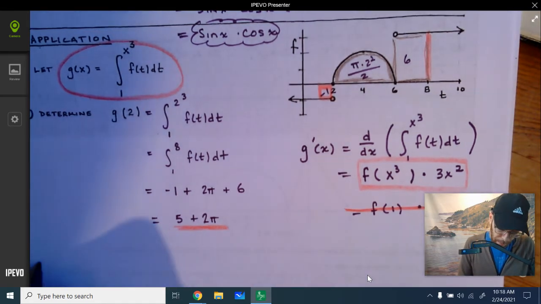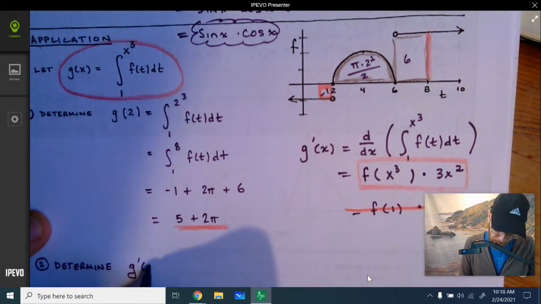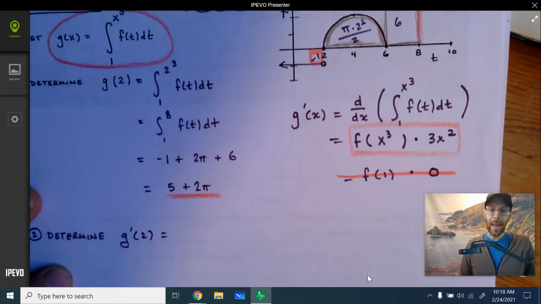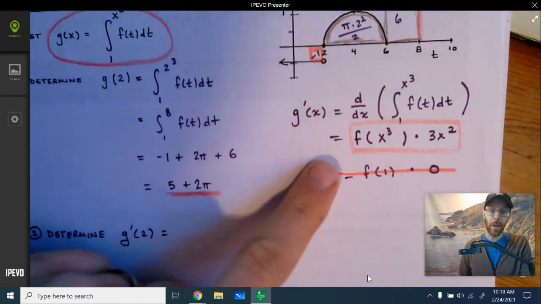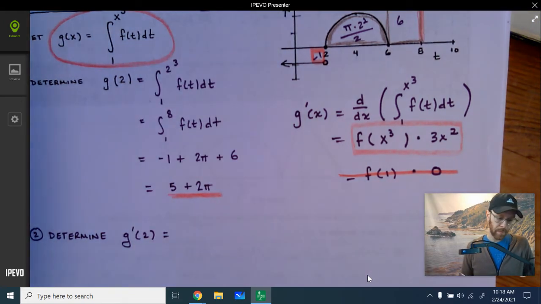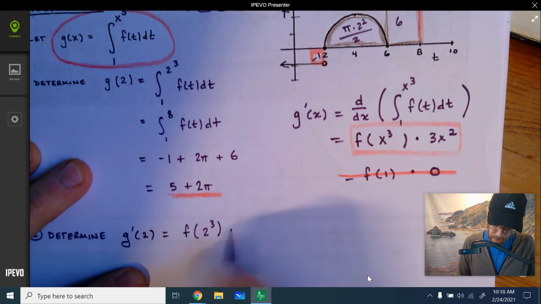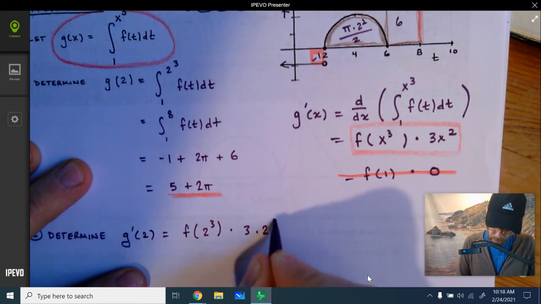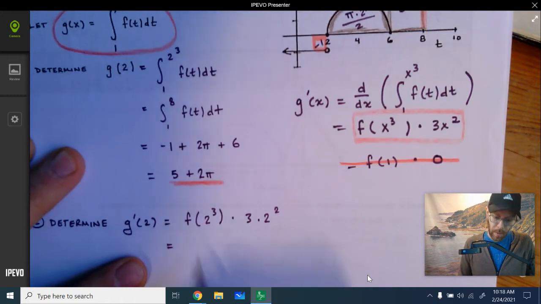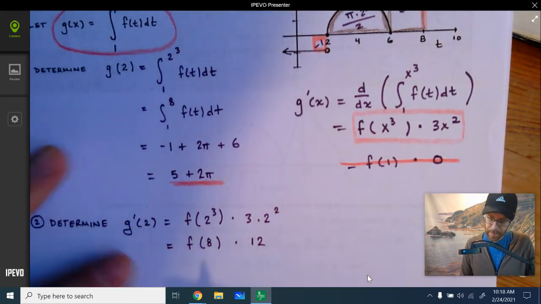Okay, now, for whatever reason, I accidentally cut this off. But the other thing I wanted you to do is to determine g prime of 2. And to do that, you're plugging 2 in right here. So what would that look like? F of 2 cubed minus 3 times 2 squared. So it will be f of 8 multiplied by 12.